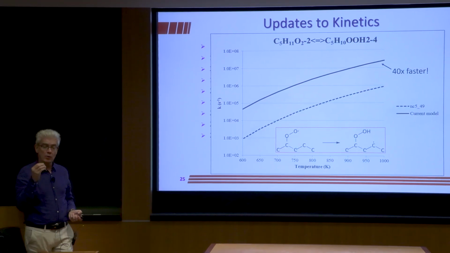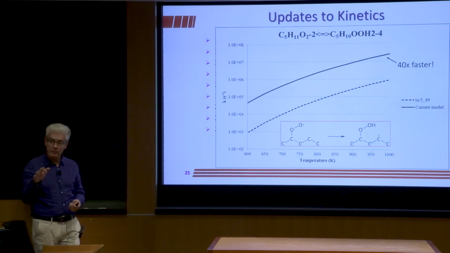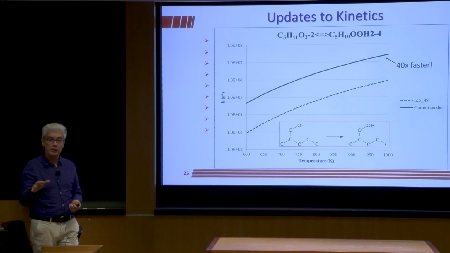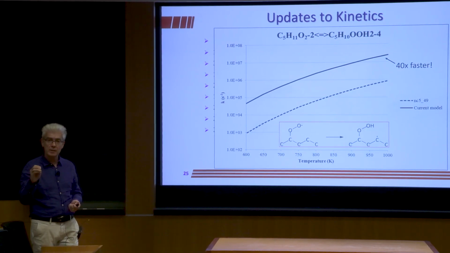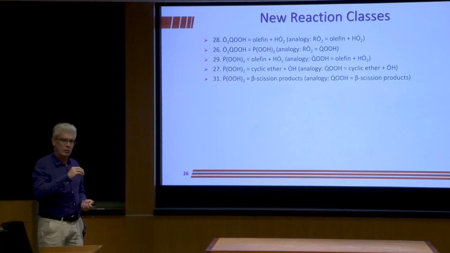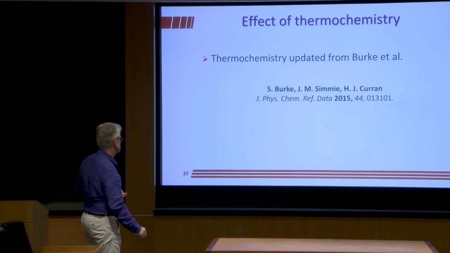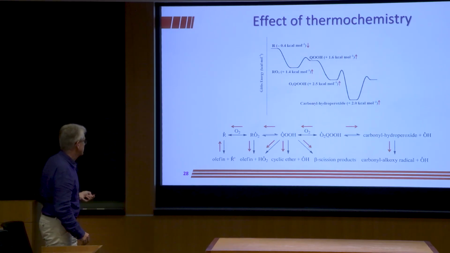Okay? So don't ever underestimate the importance of the thermochemistry in your calculations, because it can have a big influence on the kinetics, right? A lot of these systems are at equilibrium or close to equilibrium, and therefore the thermochemistry is going to be very important in your predictions, right? So that's what's happening here, right?